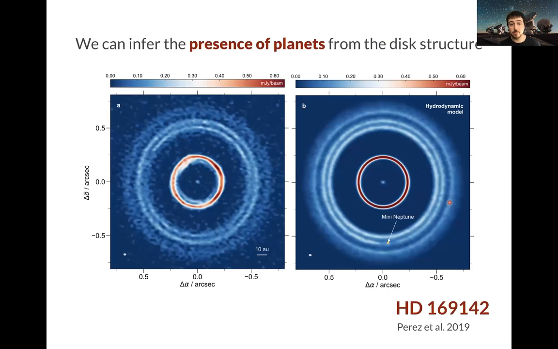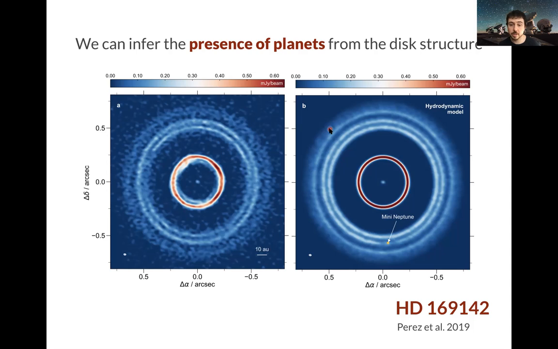ALMA can also infer the presence of undetected or unseen planets based on the shape of the continuum emission. So this is a beautiful ALMA image of HD 169142. This system has some central emission, this inner ring, and then a system of 3 outer rings. And this is a simulation.